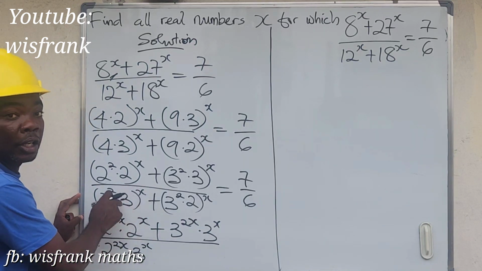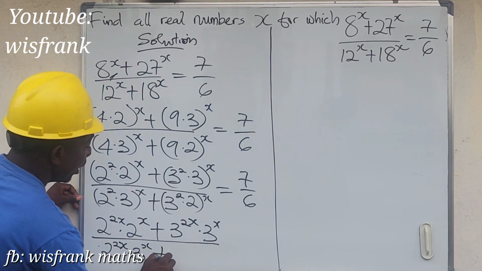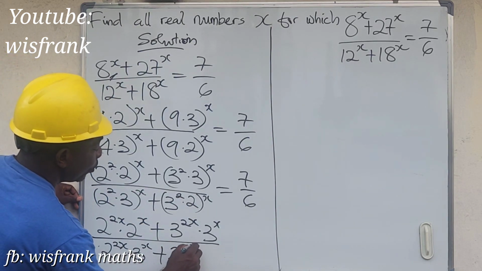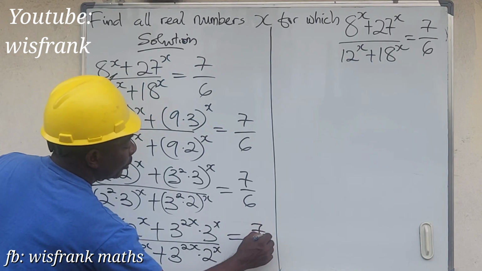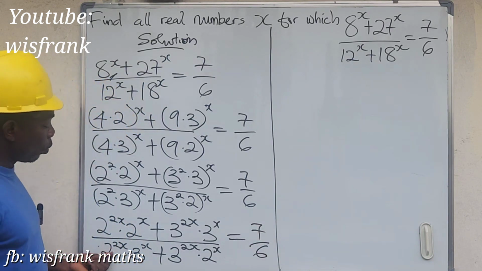We distribute x to each of these numbers. Then we have plus 3 to the power of 2x times 2 to the power of x, all equals 7/6. So this is what we have.